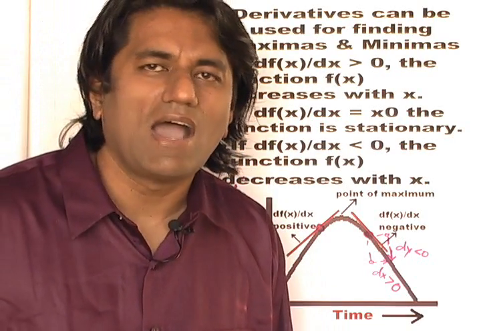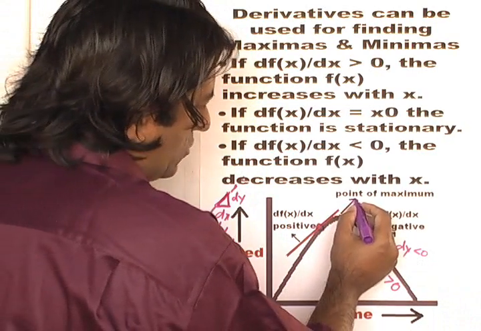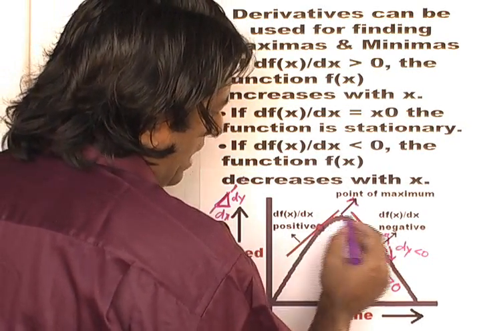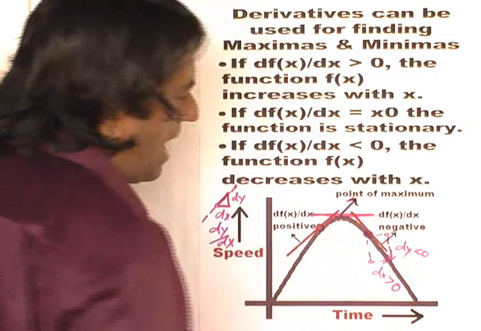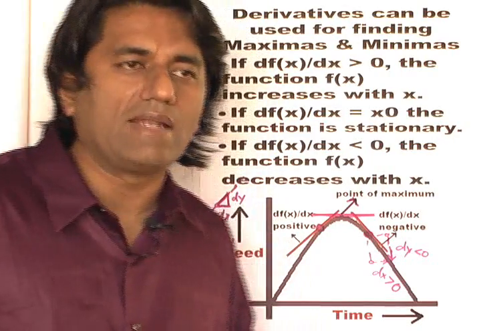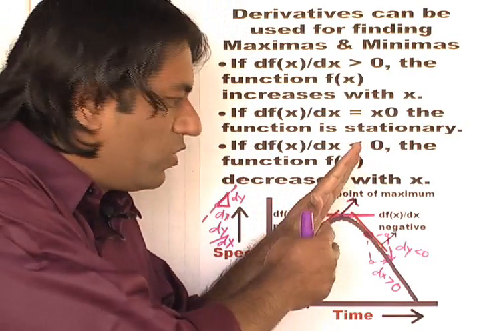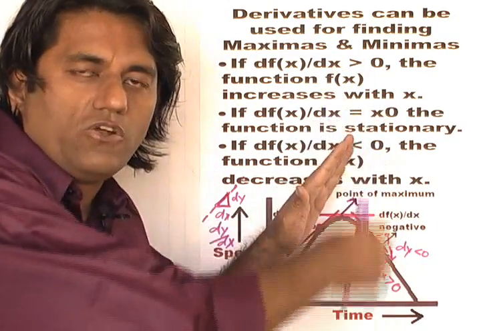Now how about at the very tip? Okay, so this tip, what do you expect this slope to be? Well, at this very tip it's actually going to be flat. Now why is it going to be flat? Well, suppose it was like this, then I would say that's not the tip, because if I increase x a bit, then y is also going to increase.